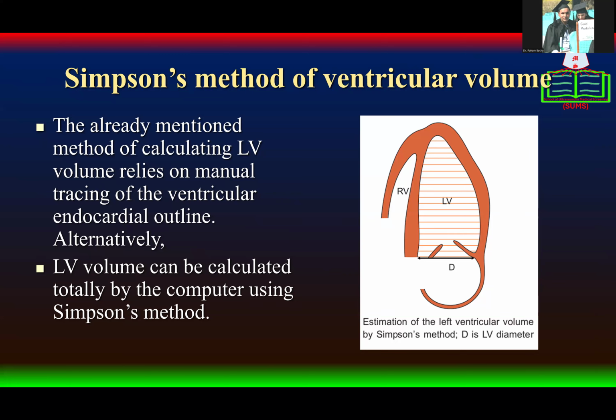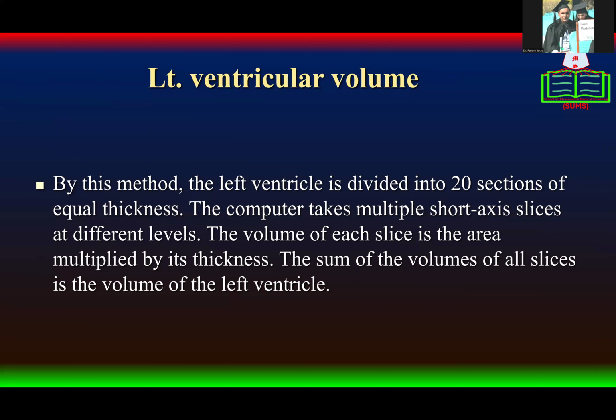So we'll just trace this endocardial border of the left ventricle from the mitral valve annulus septal side to the posterior wall side, and by the Simpson method the entire left ventricle will be divided into 20 segments, and the volume of each individual segment is calculated by this method.